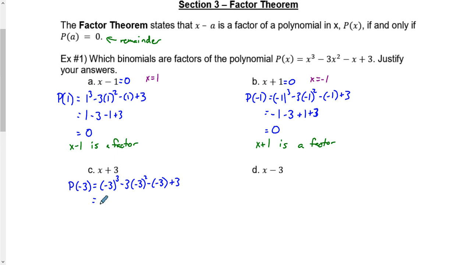Let's see, negative 3 cubed would be a negative 27. Negative 3 multiplied by negative 3 squared should be a negative 27. Add 3, add 3. I believe it should come out as negative 48. Well, since our remainder is negative 48, that says that x plus 3 is not a factor.